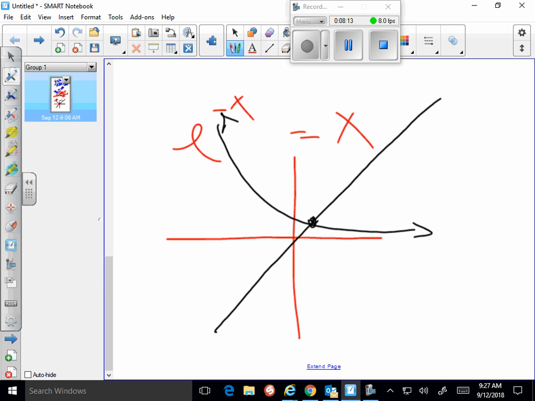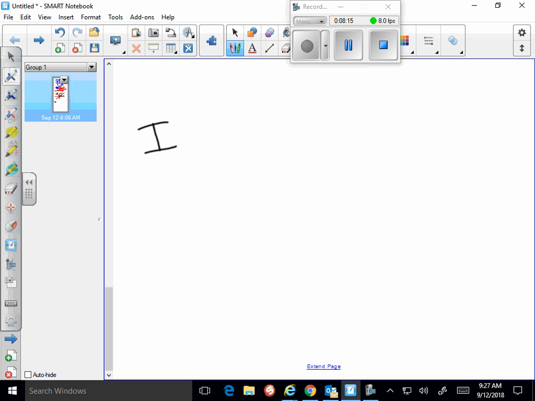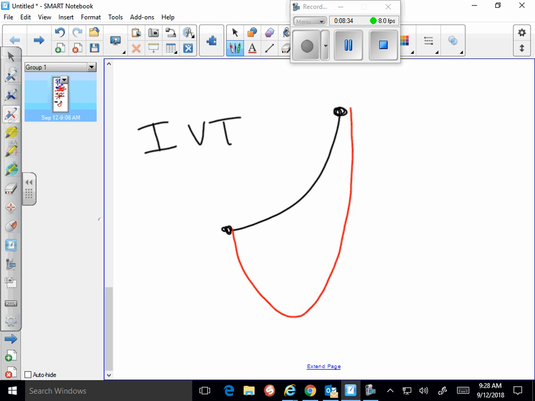So instead, we're going to talk about IVT. And we said that IVT is between any two points, provided I have a continuous function, I have to pass through all the y values from this y value to this y value. Now my function could look like this. My function could look like this.